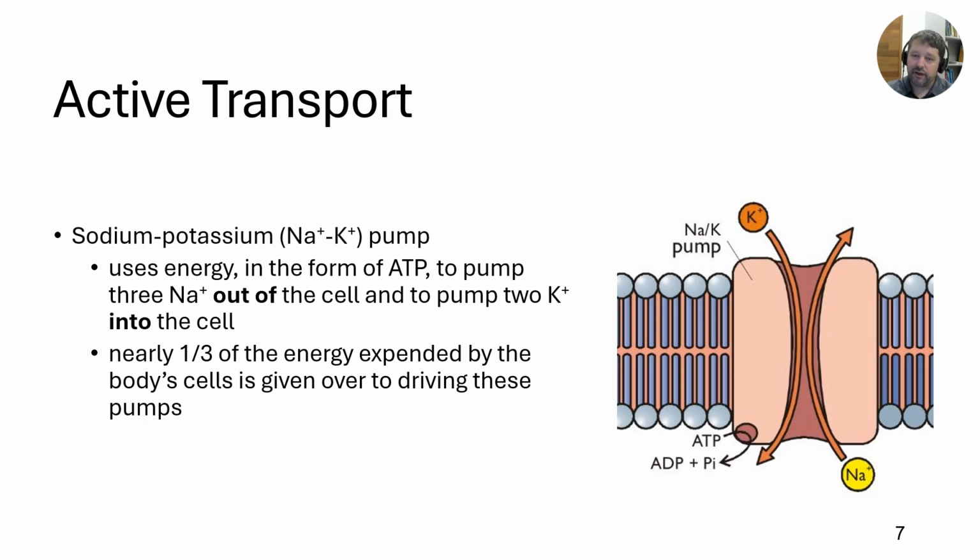Okay? This is why individuals who get leg cramps, athletes, people say, well, you need to eat a banana, you're low on potassium. Okay? Really, you could be low on sodium, but not very many people are. Potassium is a little more limited in our diet, so they're probably right. If you're getting cramps, it's because you don't have enough potassium for this channel to work.